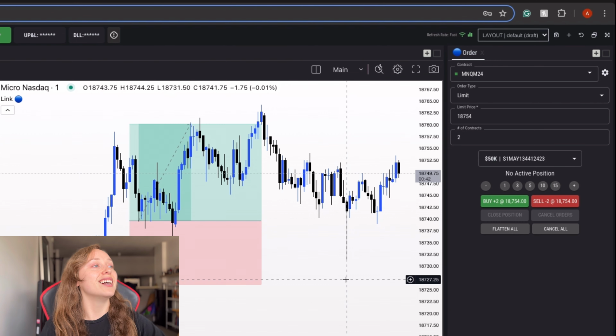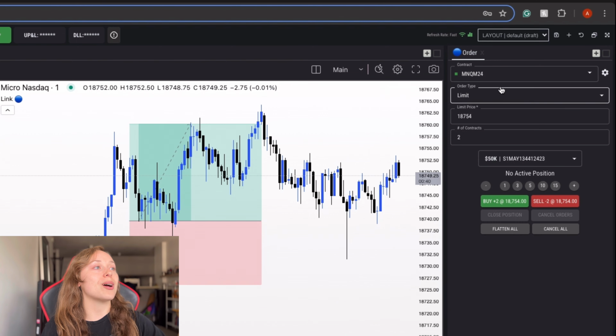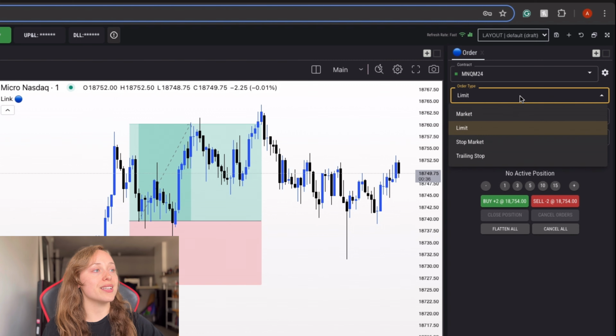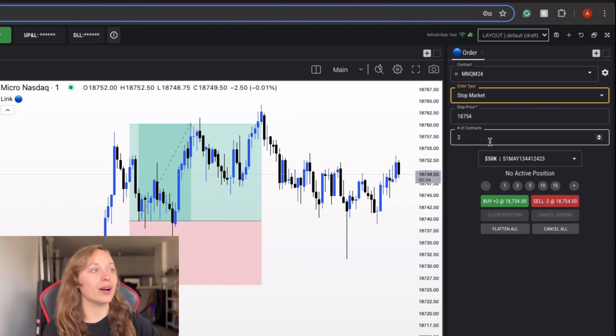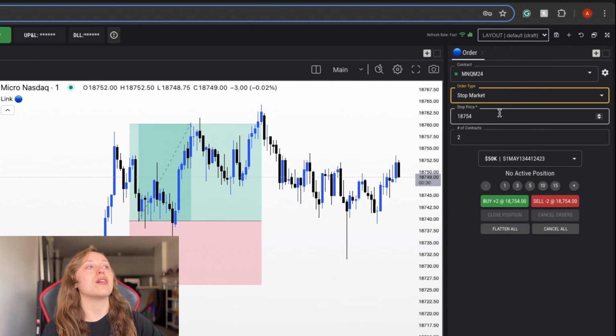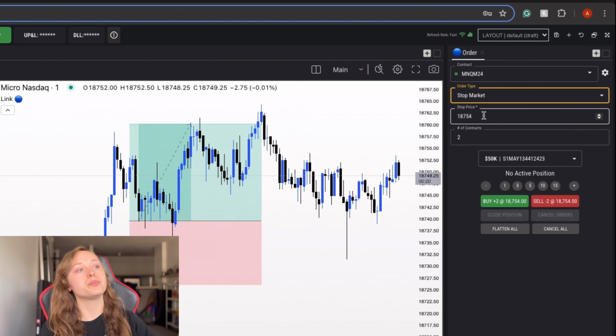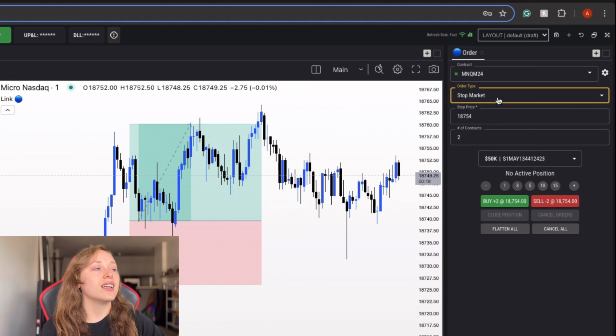So then actually what you have to do on TopstepX to place a stop is you have to place a stop market, which is essentially the same as a stop limit. However, they just called it a market for some reason. So when you put a stop market and then you put your stop price, it'll create that line there, and you'll be okay.